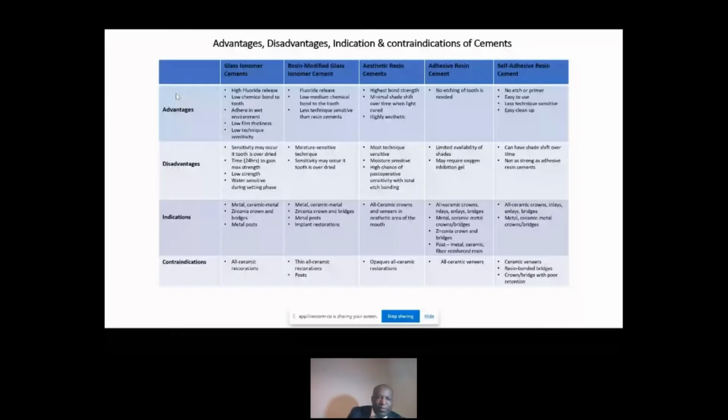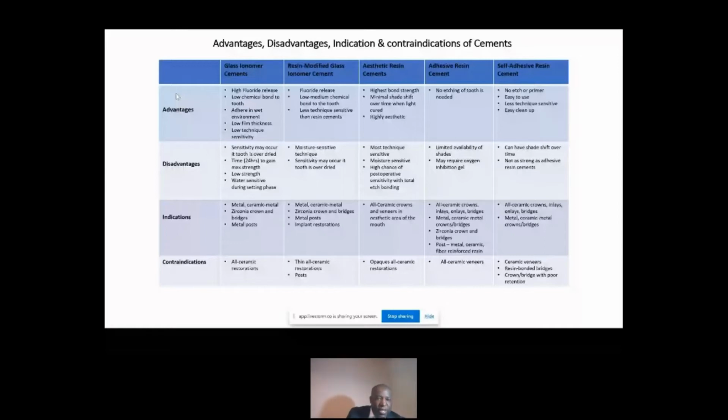As we've said with glass ionomers, they produce high fluoride release. They're adhesive in wet conditions. So in cases where it's difficult to get a very good seal, glass ionomers are very good. The disadvantages with glass ionomers are that they are moisture sensitive, so they need to be protected.